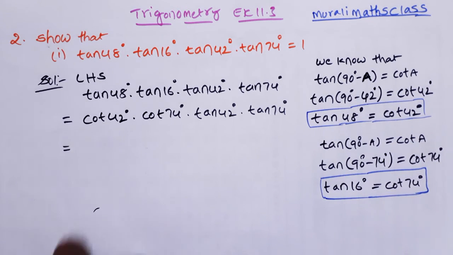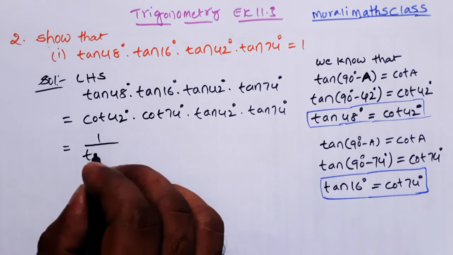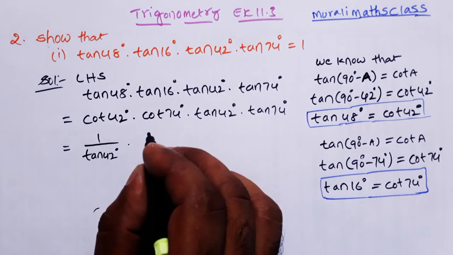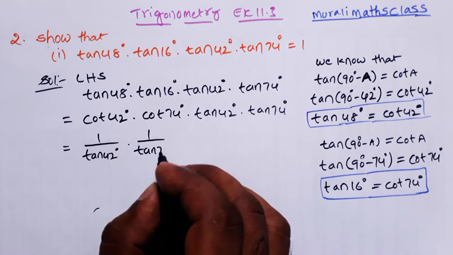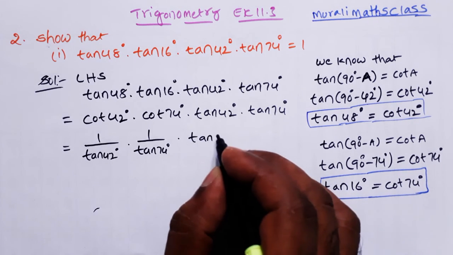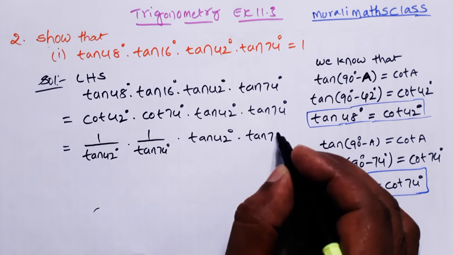Now observe here, third step. Cot 42 is there, no? Cot 42 we can write as 1 by tan 42. This one cot 74 we can write as 1 by tan 74 into remaining 2 as it is, tan 42 degrees into tan 74 degrees.